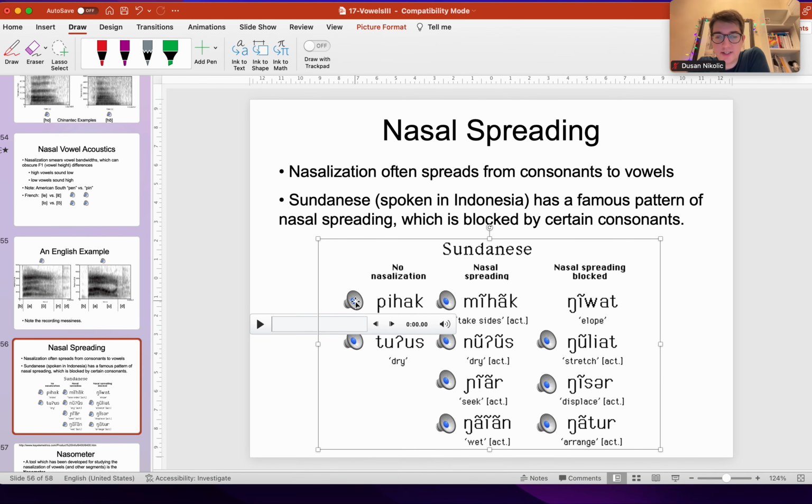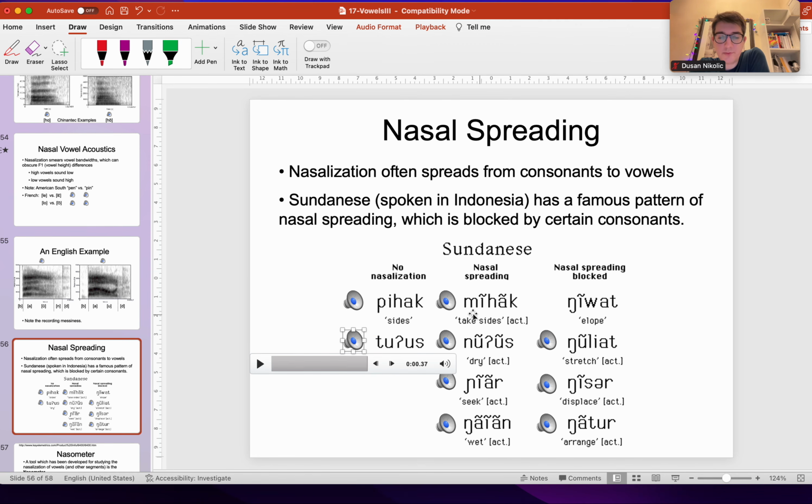Known as nasalization in this one, pihak, and there is nasalization in these two. So nasal spreading occurs when you have one nasal syllable and the other syllable is nasal. So these two vowels that are nuclei of the syllables are nasalized.